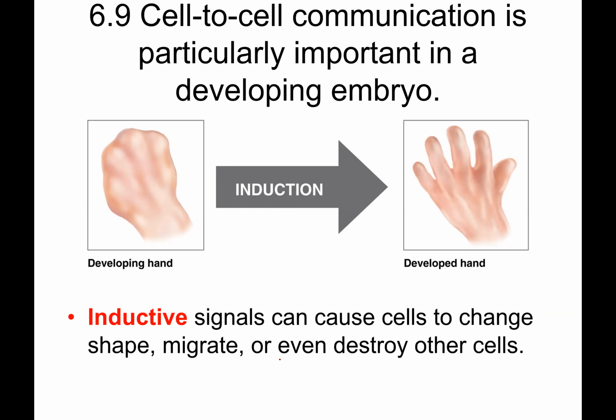A good example of inductive signaling is the developing hand in an embryo. At first, those fingers are webbed, but because of inductive signaling, it causes the cells in between the fingers to die, and that separates the fingers.